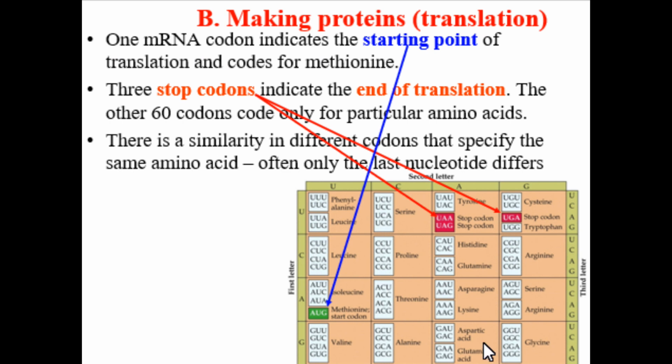Now, another thing that I mentioned before is that the ribosomes are going along the messenger RNA, they get to some codons where there's no corresponding transfer RNA. There's no transfer RNA out there that matches up with its anticodon.